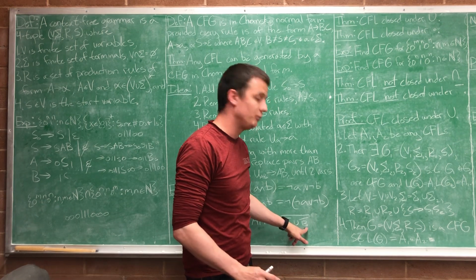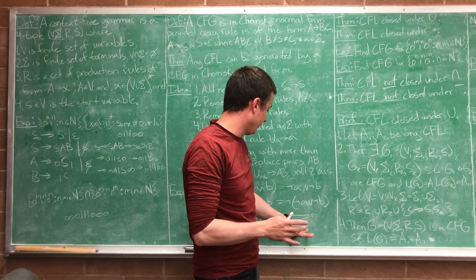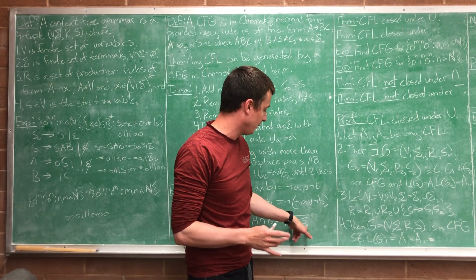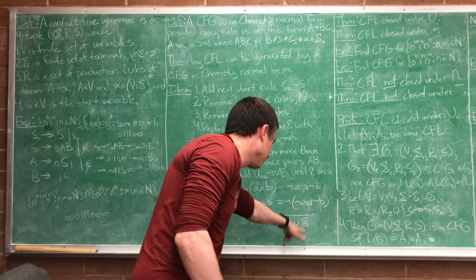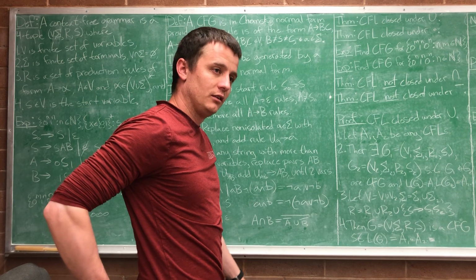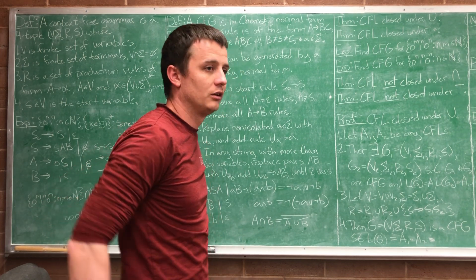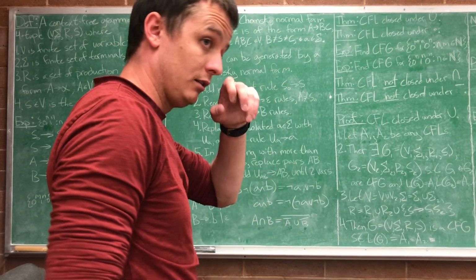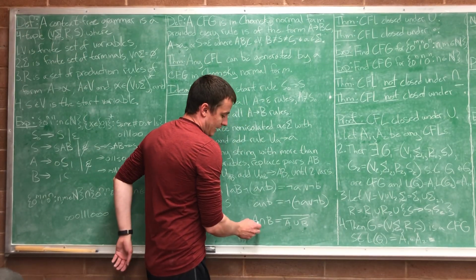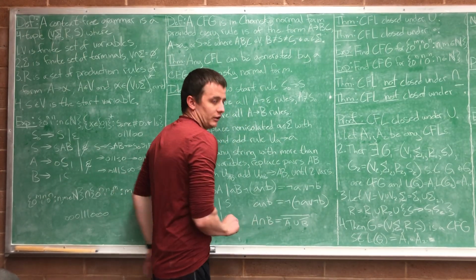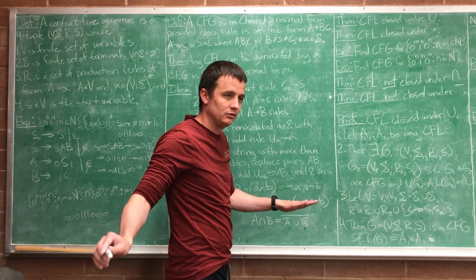So we're only talking about context-free languages, so if A and B are context-free languages, and they were closed under complement, the complement of both of them would still be context-free. Maybe I missed your question. Because it equals the intersection of A and B. We know that a context-free language intersected with a context-free language is not closed.